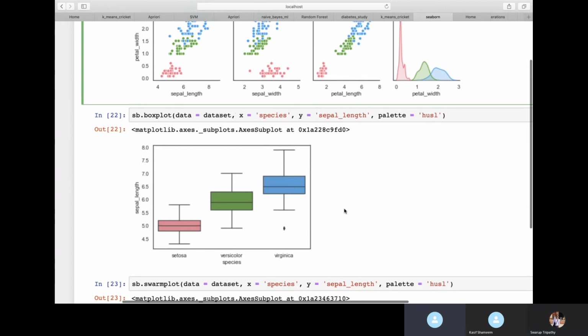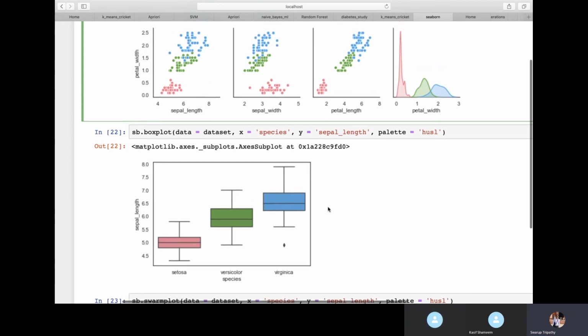Done with the box plot. Now, these Seaborn guys, as data scientists, found that there are a lot more things we can do with the box plot, and they have manipulated it. The box plot just shows you the box, so it doesn't show you the data points, like where the data actually lies.